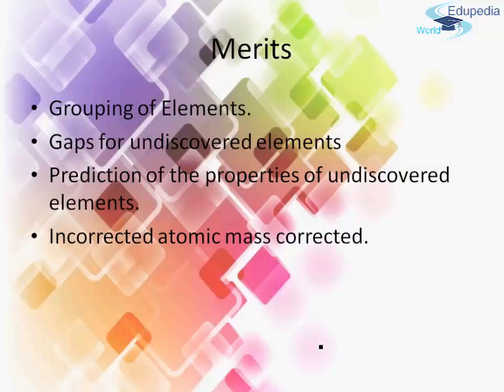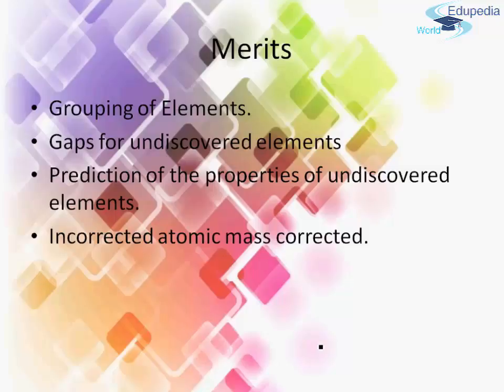Even when a whole new group of elements we call inert gases or noble gases was discovered, it got a place in the periodic table in the form of a separate group. It did not disturb the original arrangement of Mendeleev's periodic table.